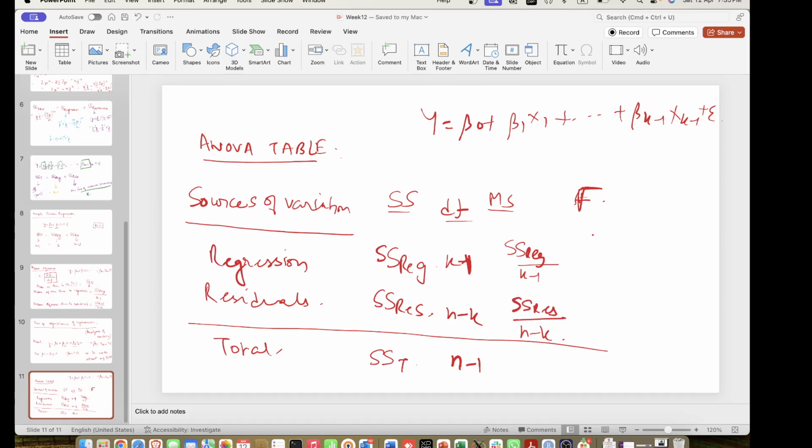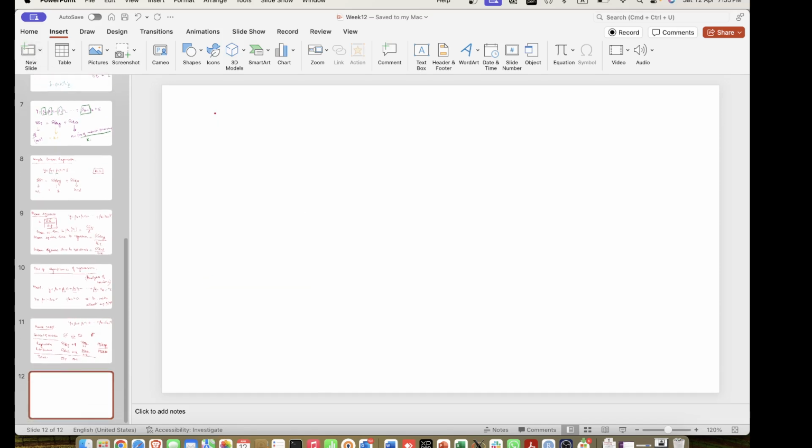And the F statistic is nothing but MS due to regression divided by MS due to residuals. Okay, this is what the ANOVA table looks like. Now once we have this ANOVA table in place, our rejection rule will be this.